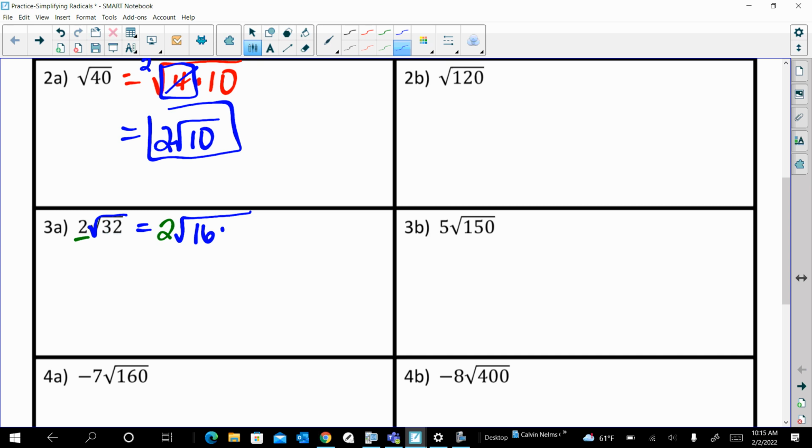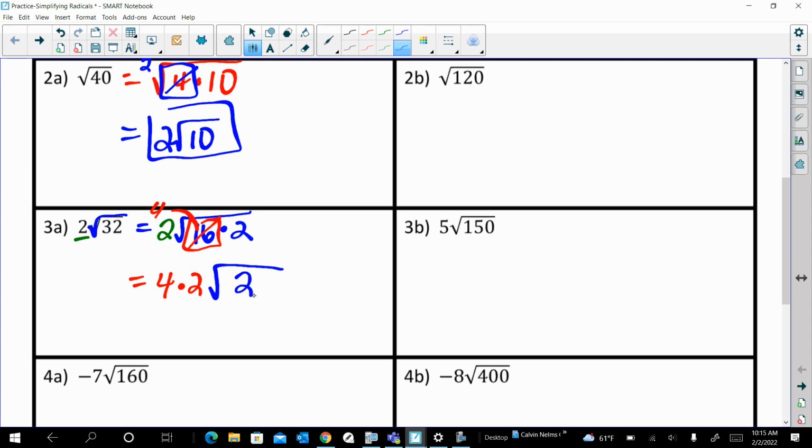Which number is the perfect square? 16. I'm going to box that number and cross it out. And what's the square root of 16? 4. That means the 4 is going to come outside in front with the 2. So when I write it, I'm going to say 4 times the 2 that was in front of the radical, and keep the 2 underneath. What's outside gets multiplied together.